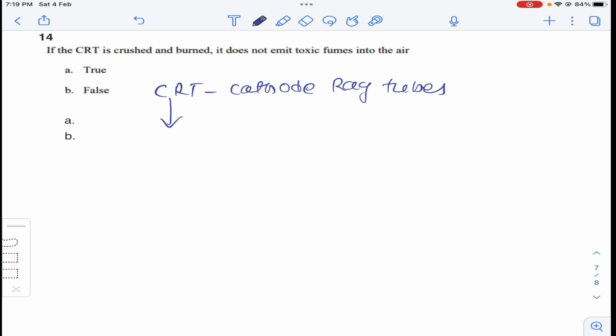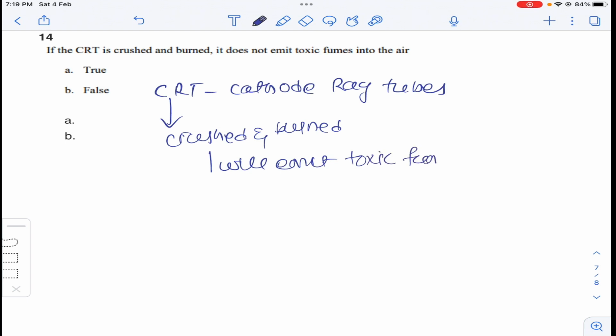Whenever it is crushed and burned, it will emit toxic fumes into the air. Okay, so this is a false statement.